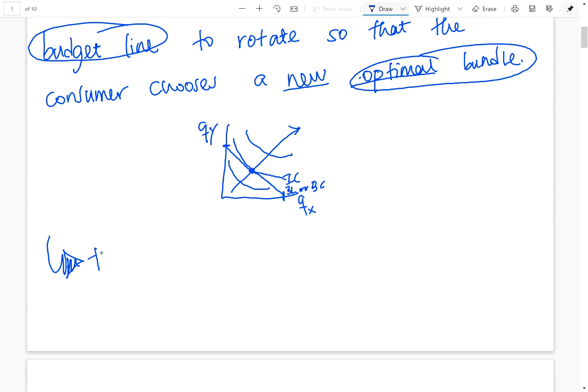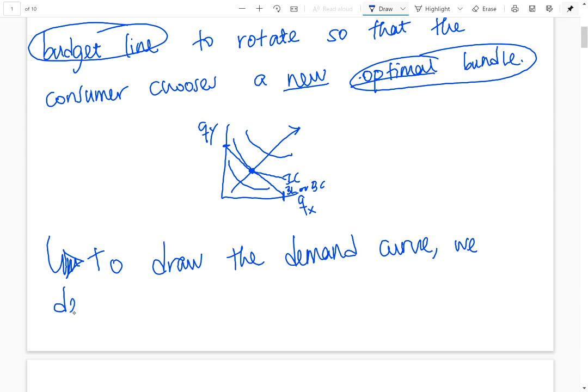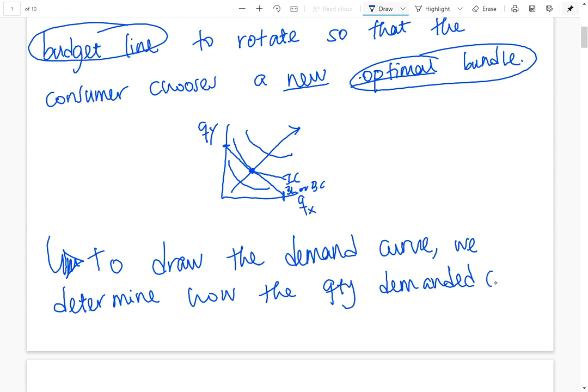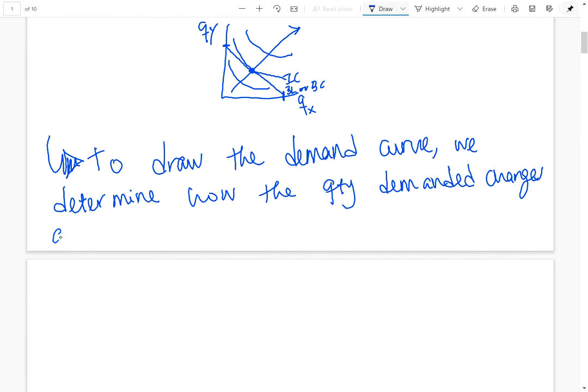Okay, so let's say some more words here. To draw the demand curve, we determine how the quantity demanded changes as price changes.